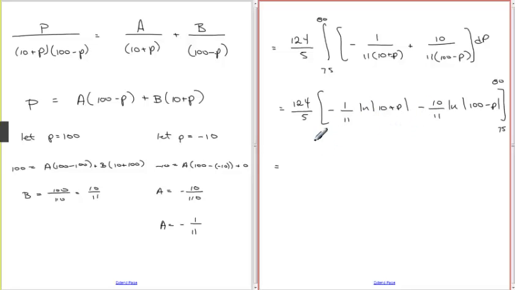So you can factor out a negative sign, so you'll have a negative 124 over 5, and then we can also factor out 1/11. And so what does that leave us? That leaves us the natural log of 10 plus p plus the natural log of, actually, we've got to put that 10 in there. So we have 10 times the natural log of the absolute value of 100 minus p.